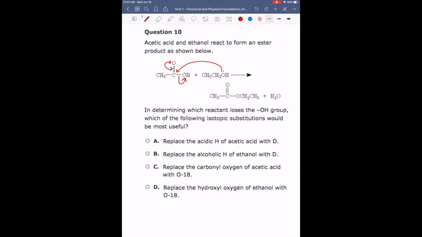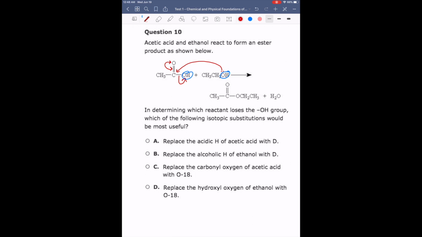In determining which reactant actually loses their OH group, we see that the carboxylic acid had an OH group, and so did the alcohol. If we want to figure out which OH group was lost, which type of isotopic substitution would be most useful? We want to replace one of these atoms with its isotope, meaning we change the number of neutrons, but we don't change the number of protons.